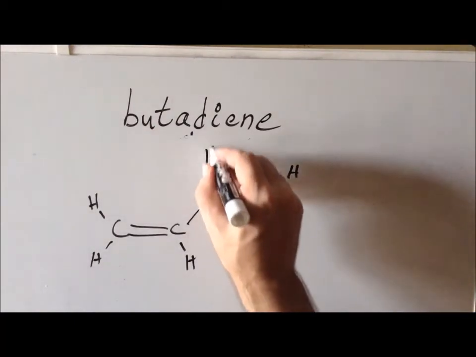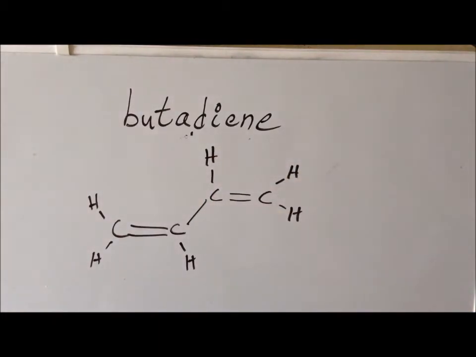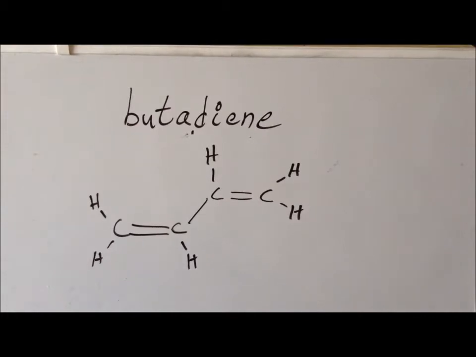Again, this is going to give us a planar molecule, but now we notice that relative to the central carbon-carbon bond between carbons number 2 and number 3, the double bonds are on opposite sides of this particular bond. Therefore, we have the trans isomer.